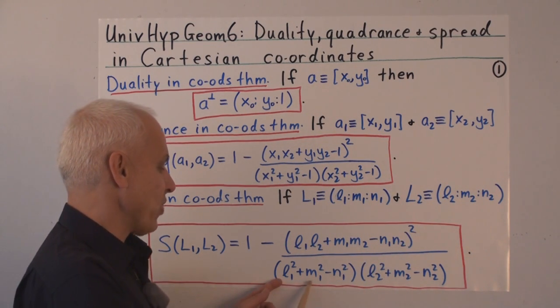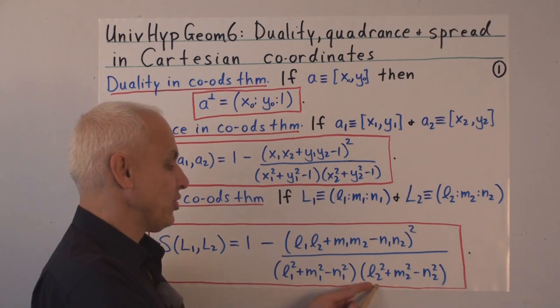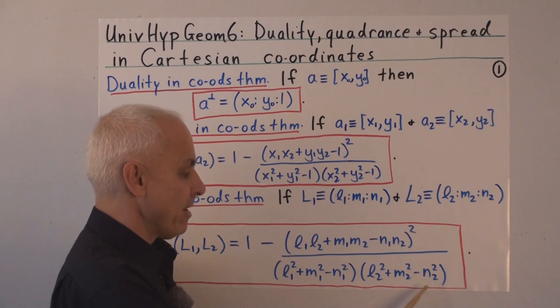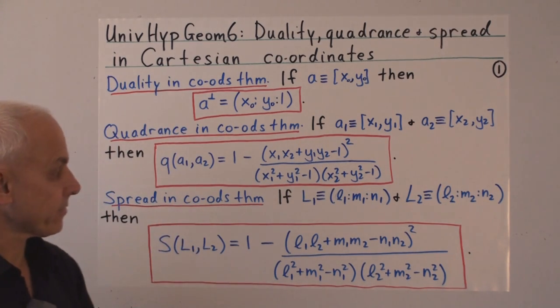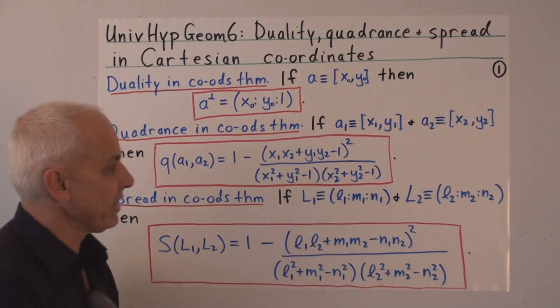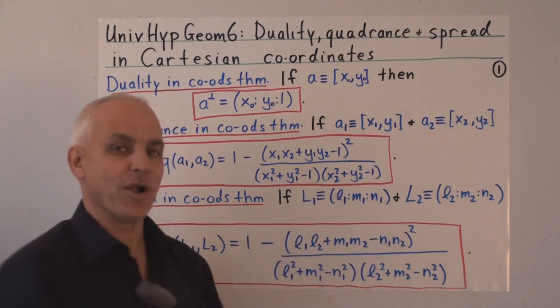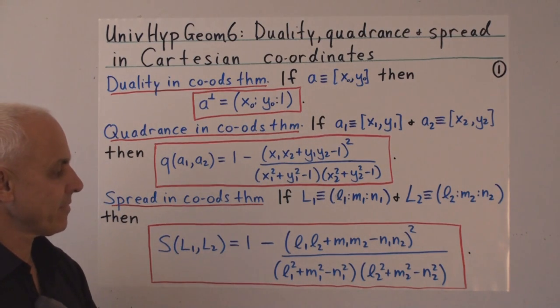And that's over l1 squared plus m1 squared minus n1 squared, times l2 squared plus m2 squared minus n2 squared. So these two formulas are pretty similar, but they're a little bit different because our lines and our points are a little bit different.